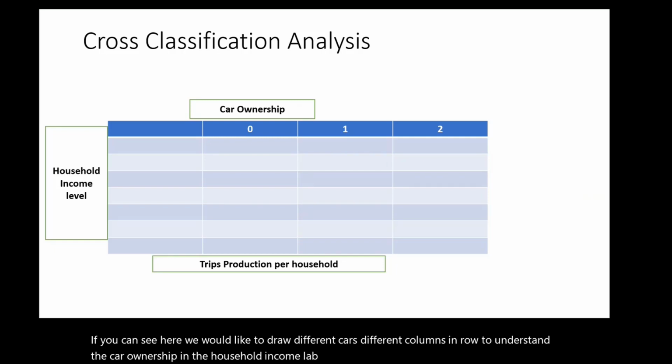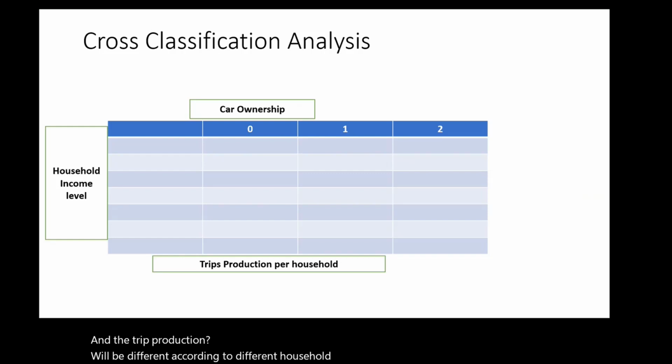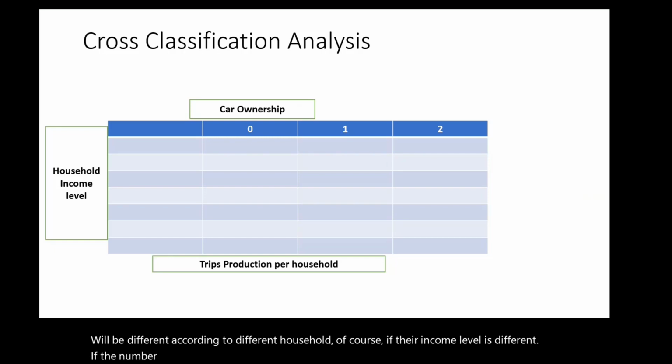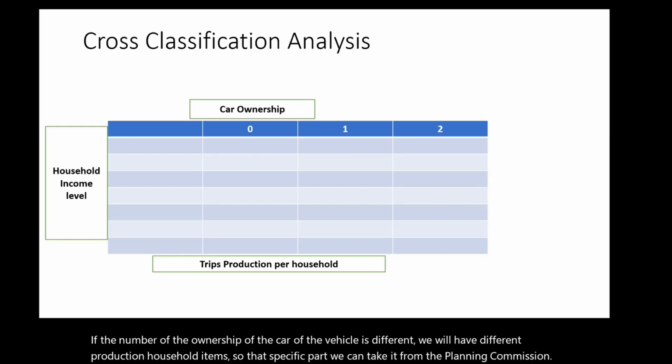So we have the X and Y sections of that specific graph. The trip production will be different according to different households. Of course, if their income level is different, or the ownership of the vehicle is different, we will have different household production items. That specific part we can take from the planning commission, from the income level.